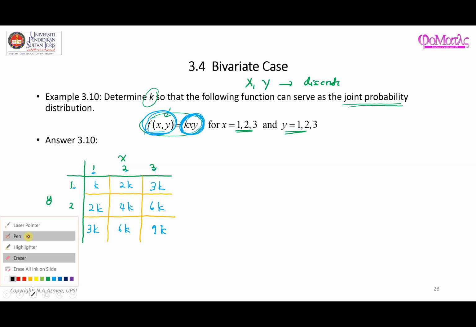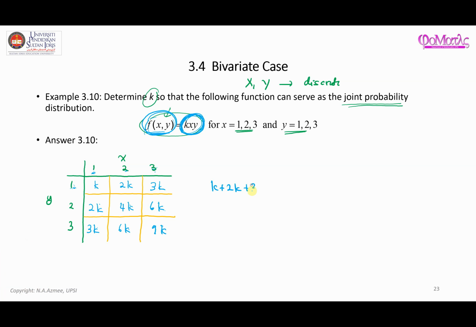So I'm going to write k plus 2k plus 3k plus and so on, adding up all the values in the cells of the table. In the same manner, the last value is going to be 9k, and the sum must be equal to 1 if you want it to be the joint probability distribution.